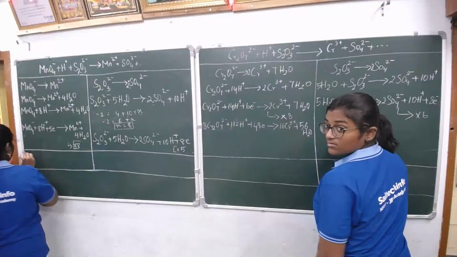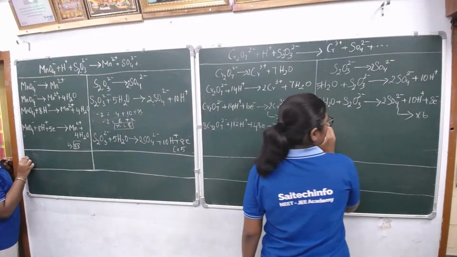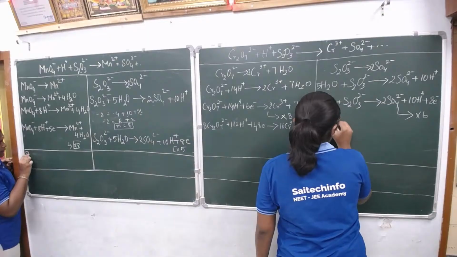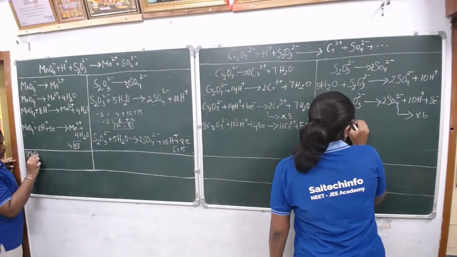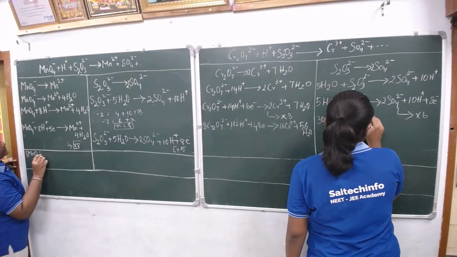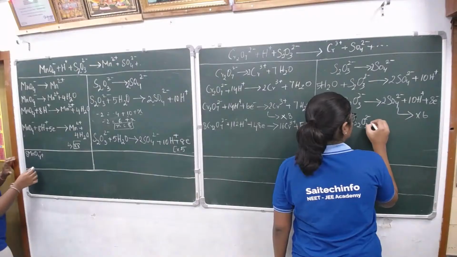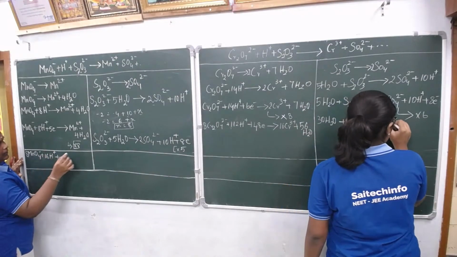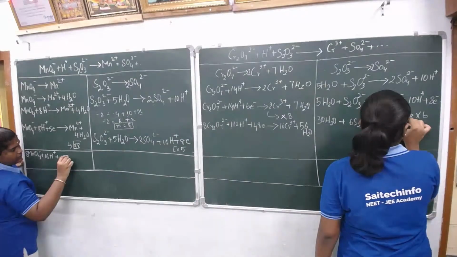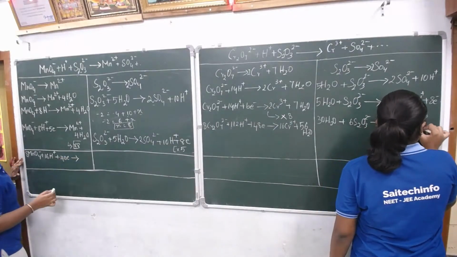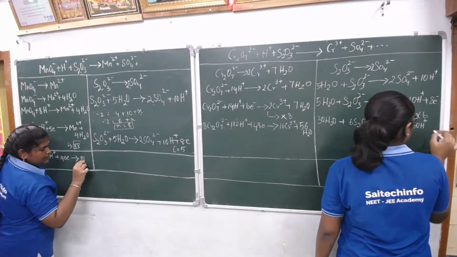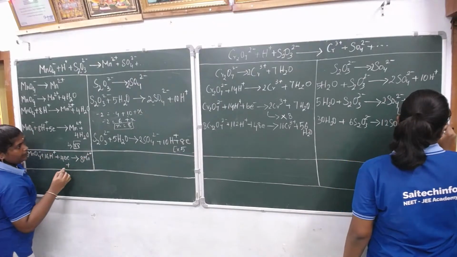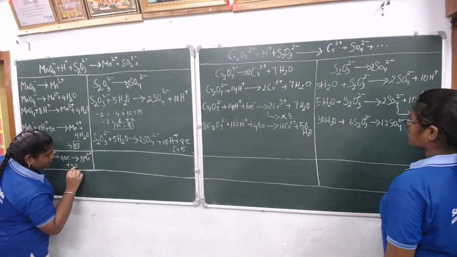So we'll write the reaction here. 8 MnO4 minus plus 16H plus plus 40 electrons to form 8 Mn2 plus 32 H2O.